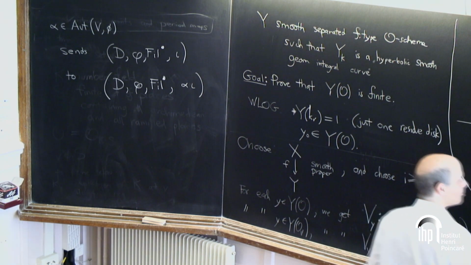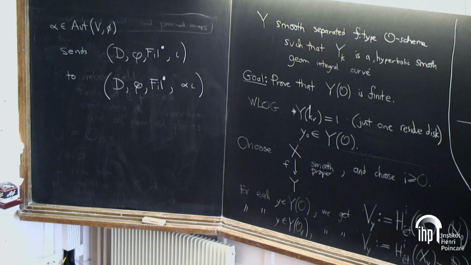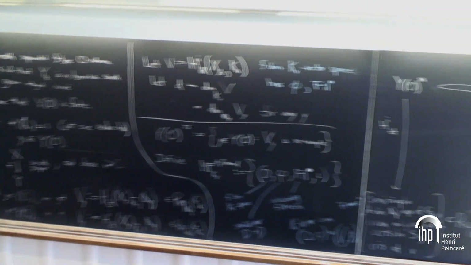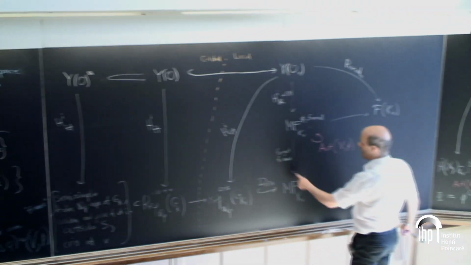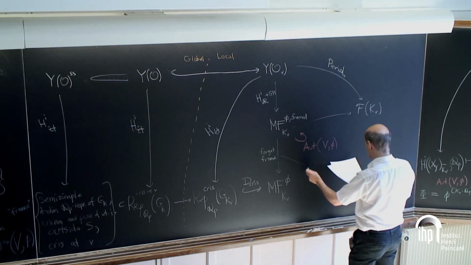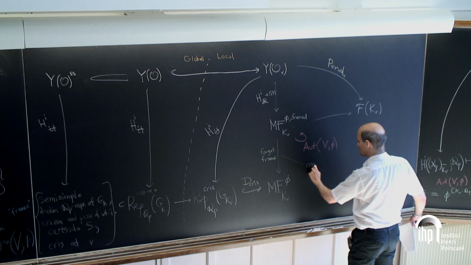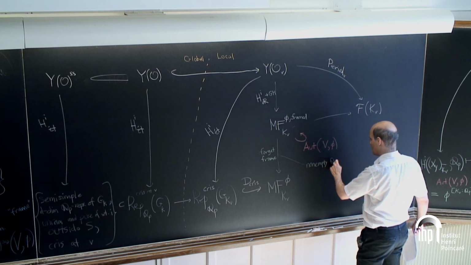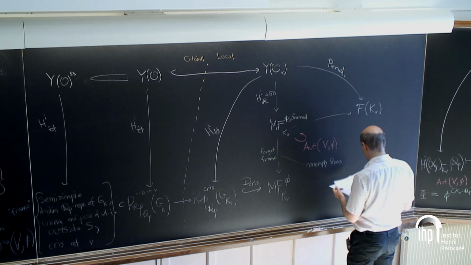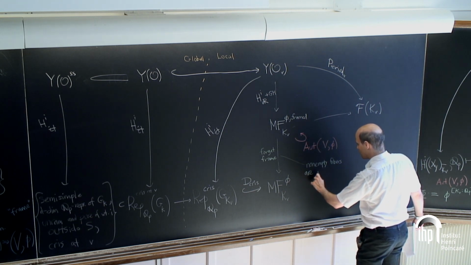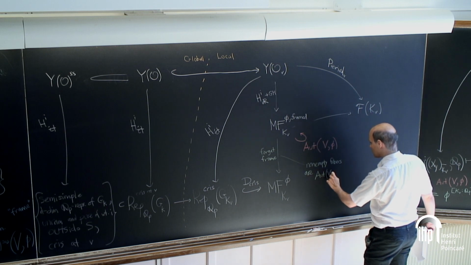Let me say also about this: if you take this forgetful map that forgets the framing, and you ask what the fibers of this map are, the non-empty fibers are going to be orbits under this group.